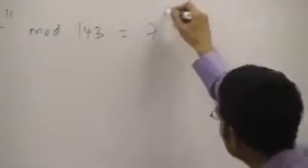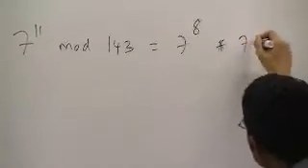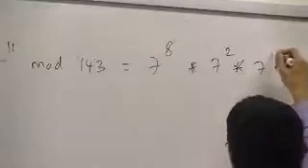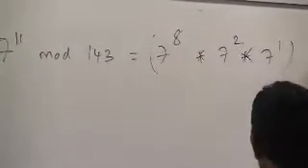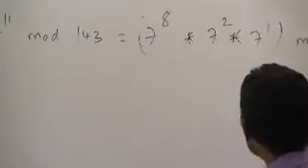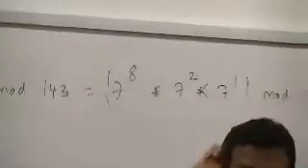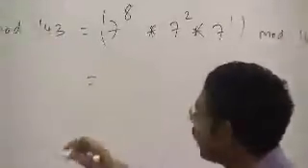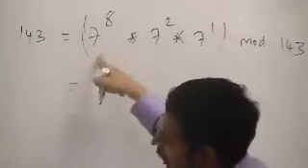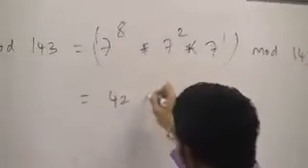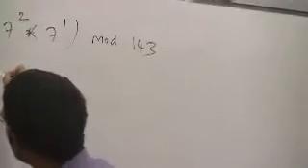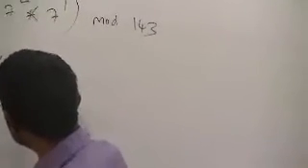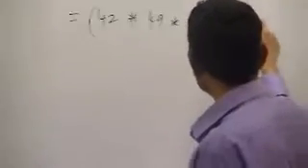So this is 7 raised to 8 times 7 raised to 2 times 7 raised to 1 mod 143. Is that clear now? Yes, it's clear now. So we found each thing: 7 raised to 8 was 42, 7 squared is 49, 7 raised to 1 is 7, mod 143.